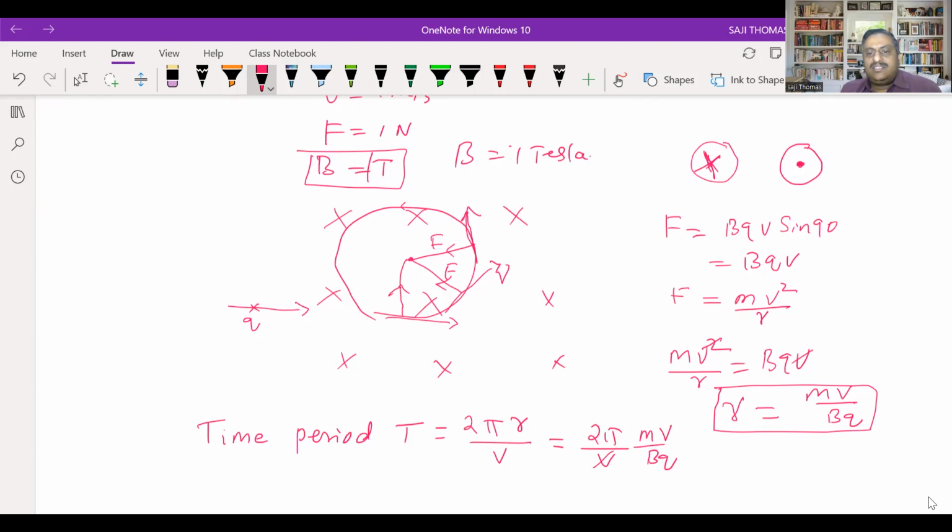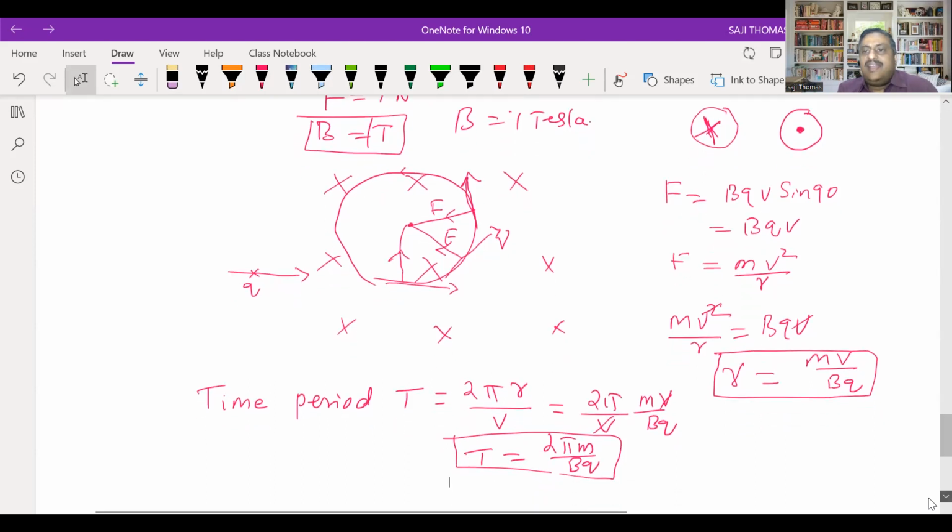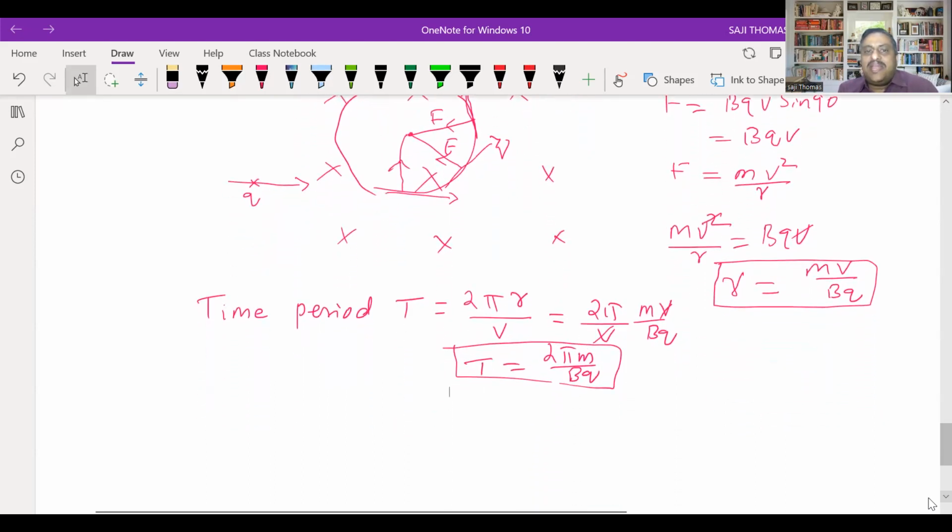So we can cut this v. So the time period is 2 pi m by Bq. See the equation, the time period is not depending on the velocity, the speed of the charged particle, and the radius. So the time period of a charged particle in a uniform magnetic field is independent of its speed and the radius of the circular path. This is an important point.